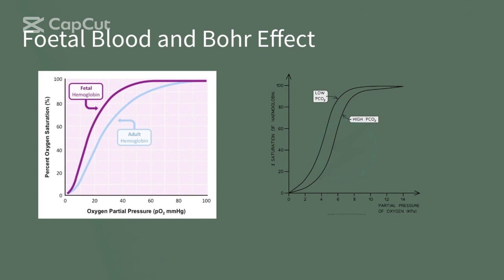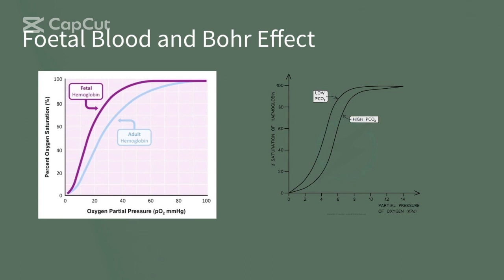Essentially, in the cells which are busy metabolically producing more carbon dioxide, it is a flag for the hemoglobin to say we need oxygen as we are really busy. Therefore, the carbon dioxide decreases the affinity of hemoglobin for oxygen and causes the oxygen to be released in those cells. This is known as the Bohr effect, B-O-H-R.